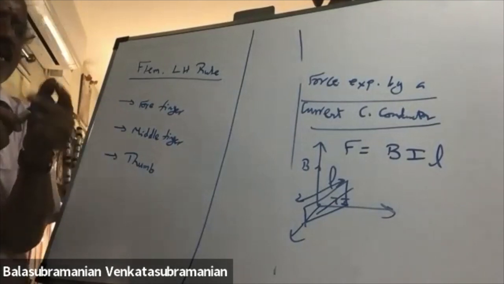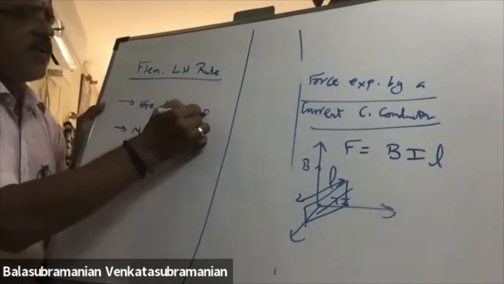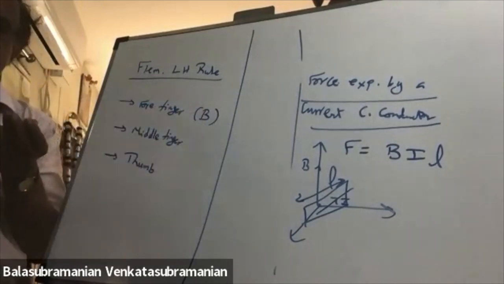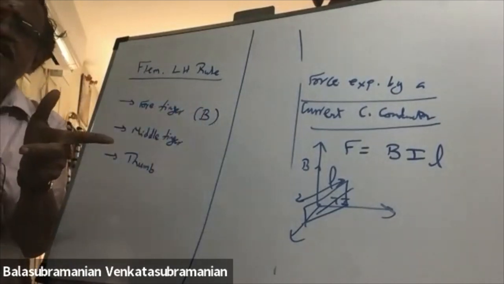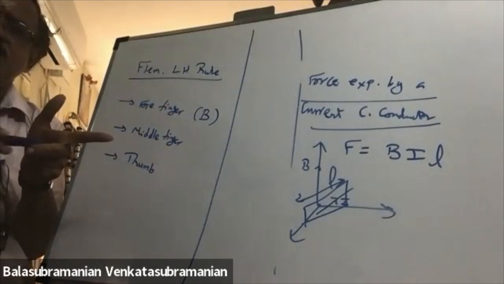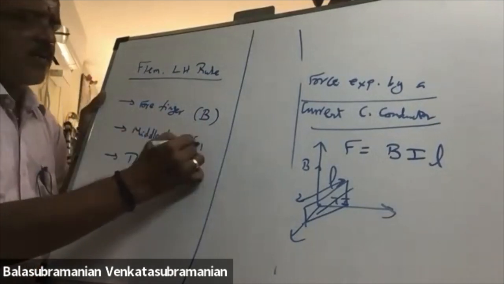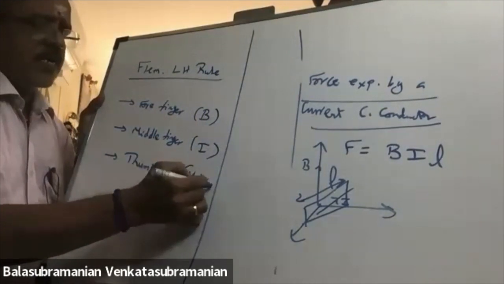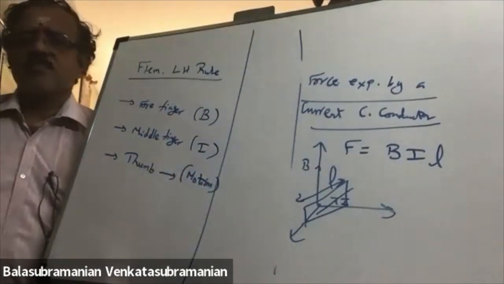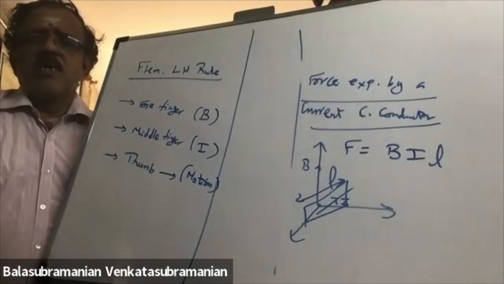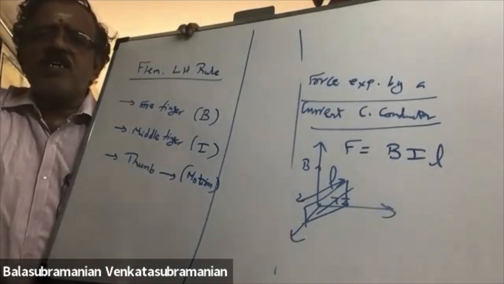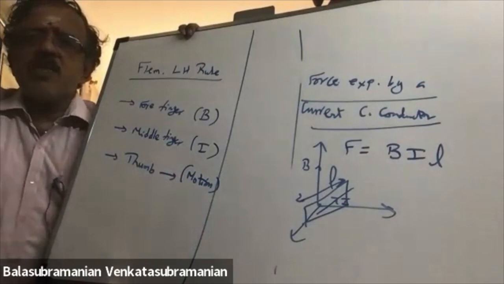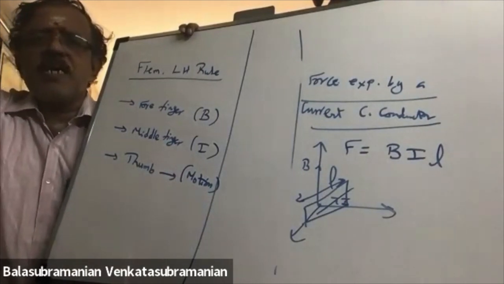Forefinger, direction of magnetic field, B. Middle finger, direction of current. Thumb represents motion of the conductor. Extend the first three fingers of the left hand in three mutually perpendicular directions.